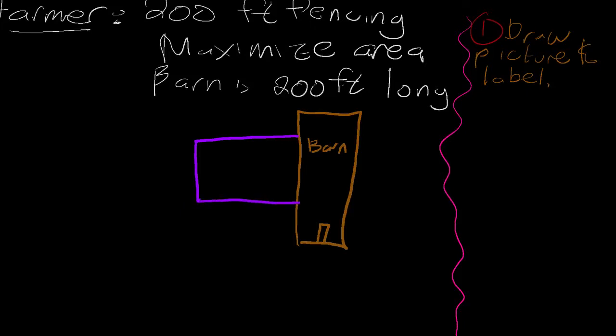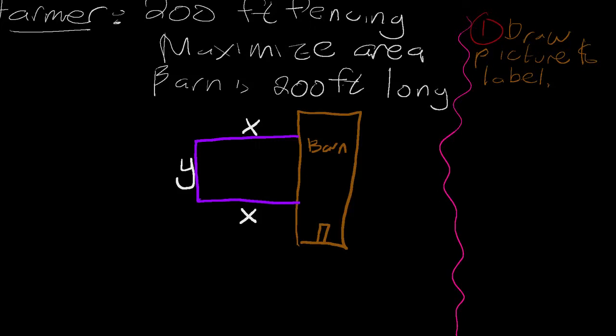And so let's label the sides of the barn. Let's label this side right here X, and so obviously this side's going to also be X. And then let's label this side Y. Okay, so now that we've labeled everything, we're going to go on to the second step.